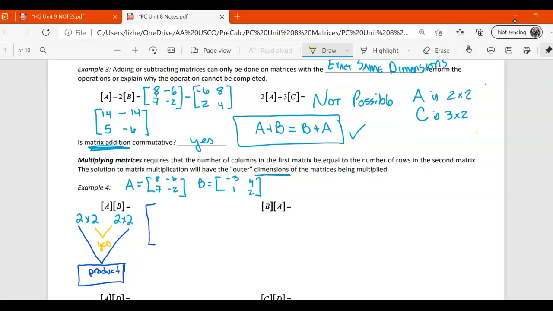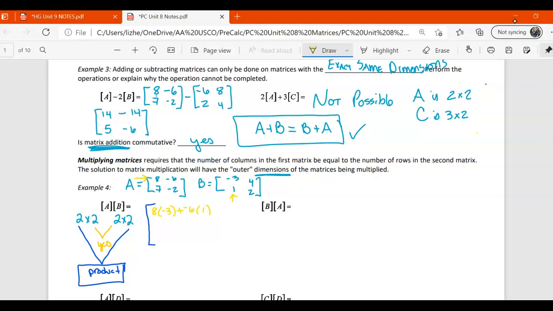You are going to take the top row times the first column. So 8 times -3 plus -6 times 1. And that will give me my first number in my new product matrix.